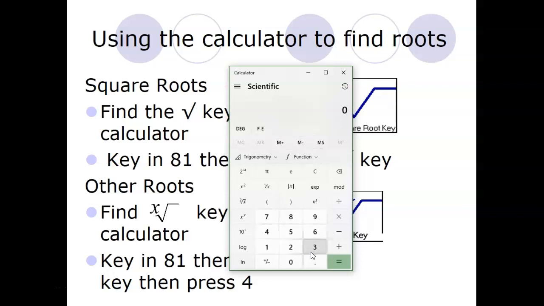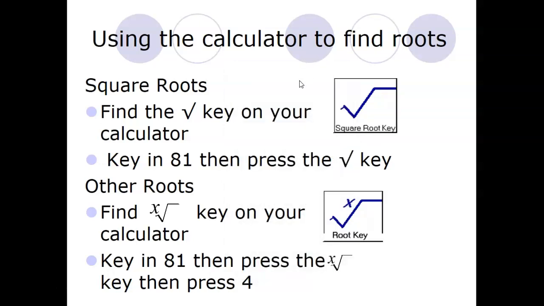So what times itself 4 times would give you 81? Well, this one's actually fairly easy to figure out. We know the square root of 81 is 9, yeah? So what's the square root of 9? 3.